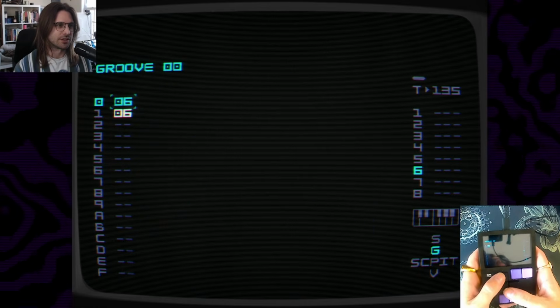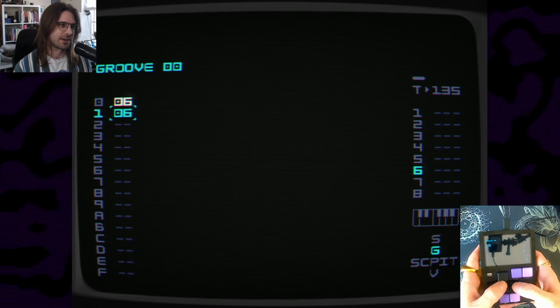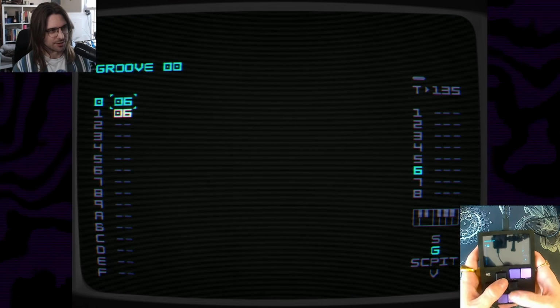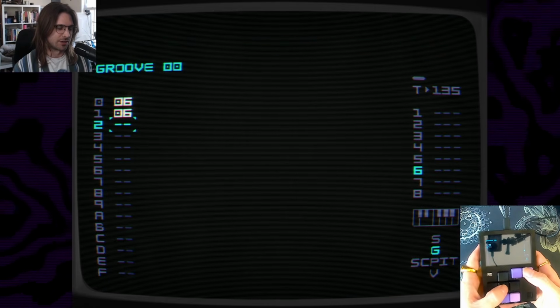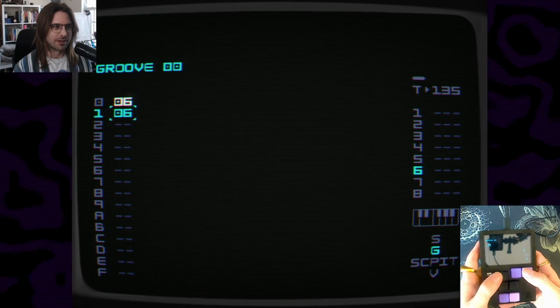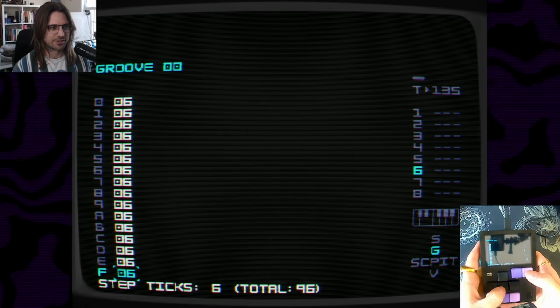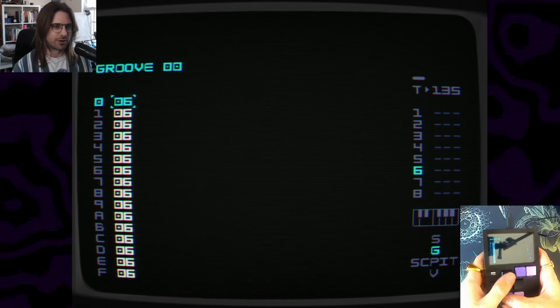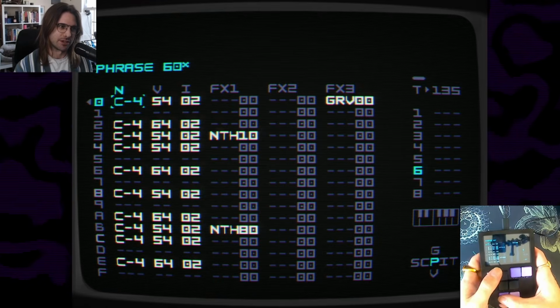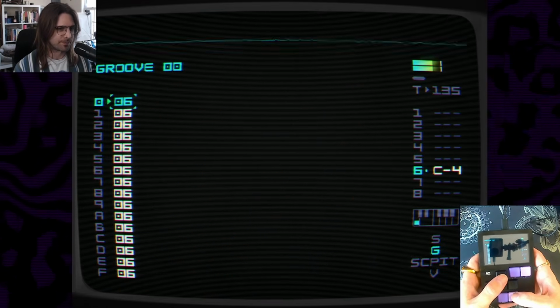On the groove page, it does something similar. It advances to step 1 after 6 ticks, and then after another 6 ticks, it jumps back up to 0 again. Realistically, it's easier to think about, in my opinion, the entire page filled with 6 ticks. Then it's a one-to-one representation of what's happening on the phrase page. There's 6 ticks between every single step.